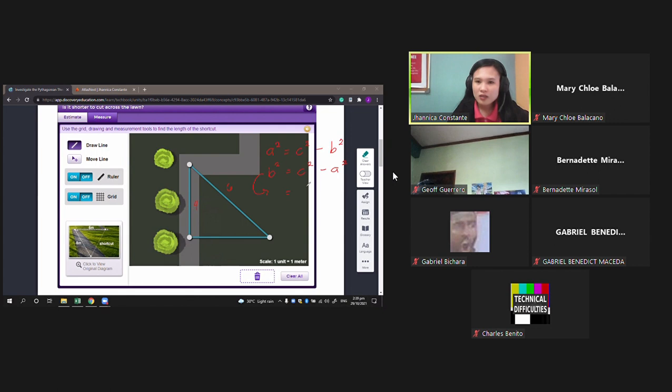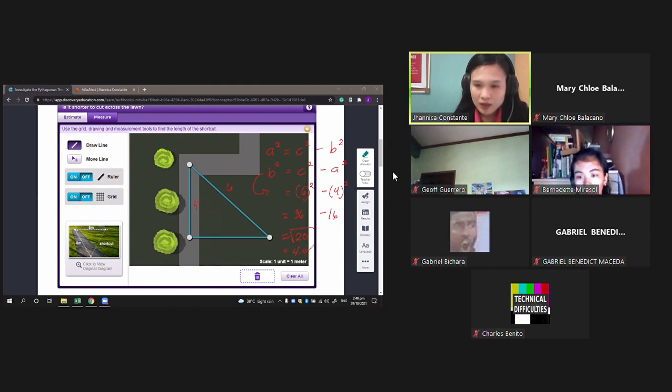So B squared is equal to 6 squared minus 4 squared, which is 36 minus 16. 36 minus 16 is equal to 20, and the square root of 20 is equal to 4.47. So that is the measurement of our side B using our Pythagorean theorem.